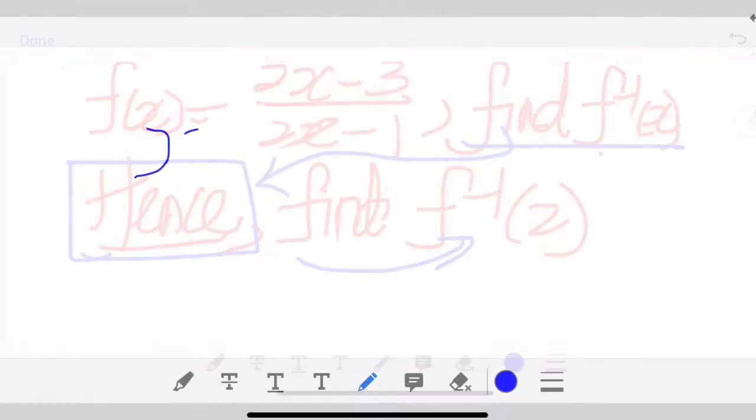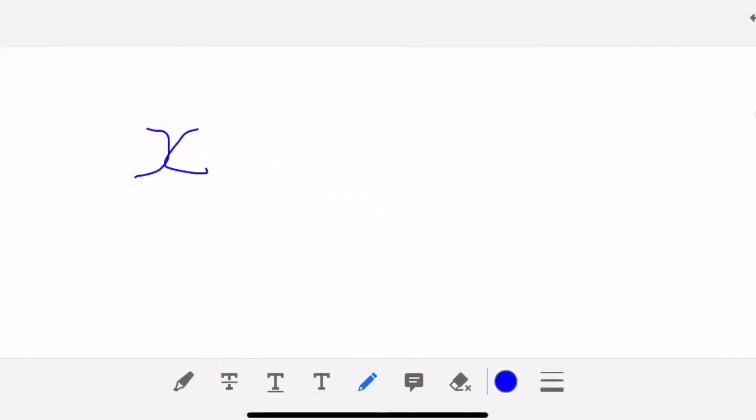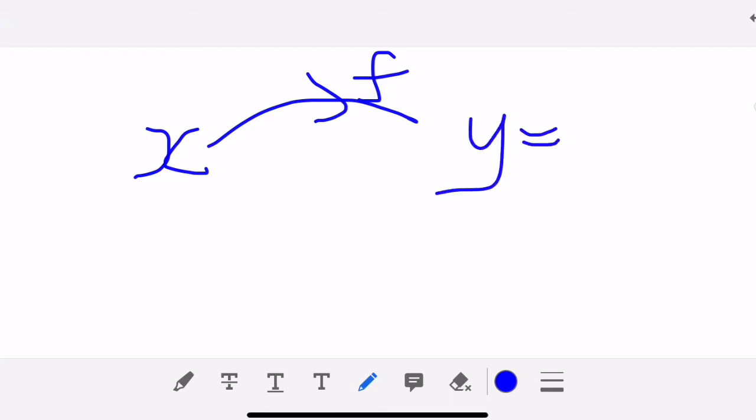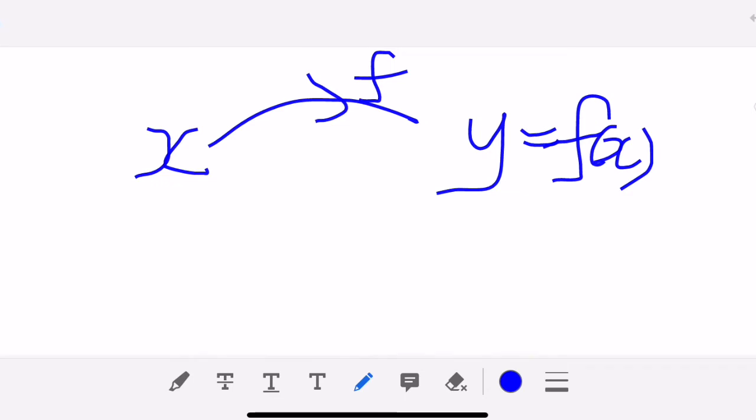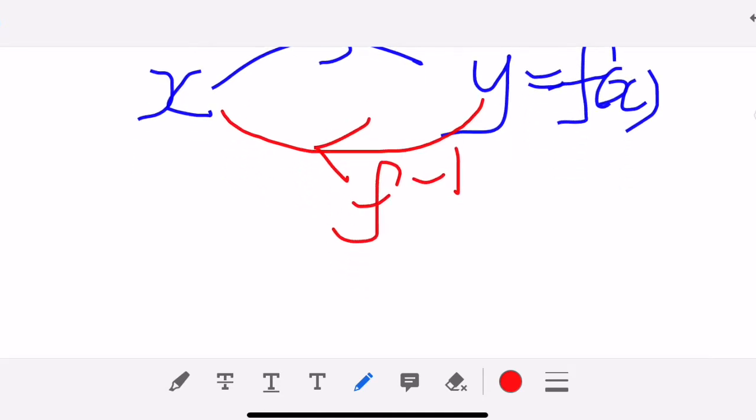The concept: x is the object. Then from x, the function f will bring x to y, right? So this y is actually f(x). So what is the inverse function? The inverse function will bring y back to x.